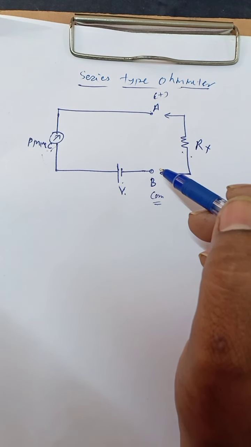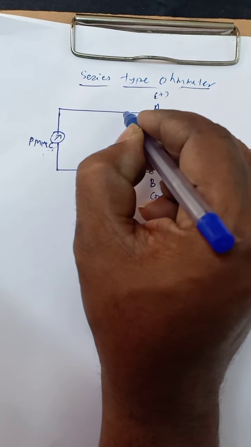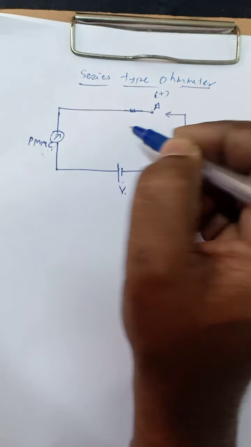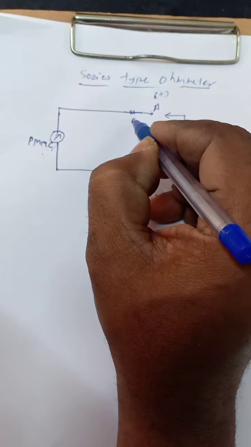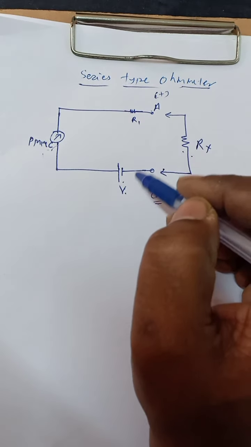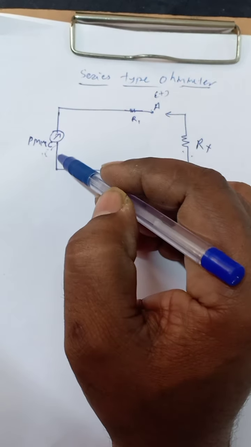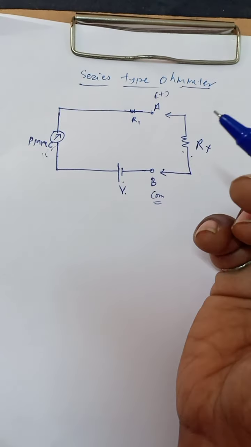In this PMMC we use another small series resistance R1, say, which is used to control the current flowing through the PMMC.